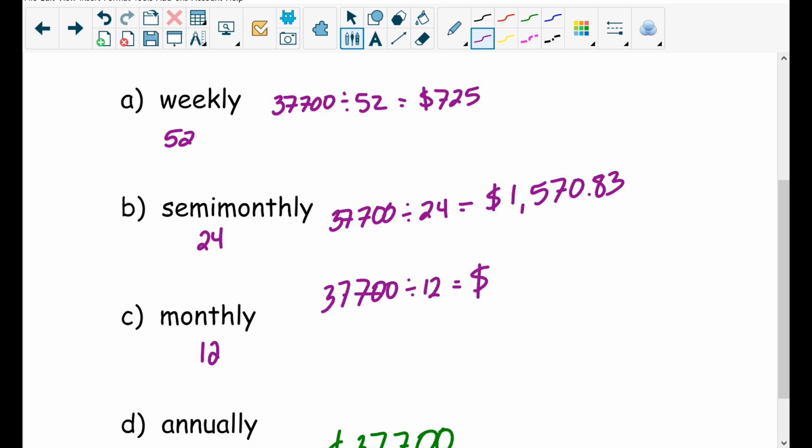And we get a total of 3,141.67. Good. So again, find the annual, then divide for the other options. All right, that's your salary notes, day 2.